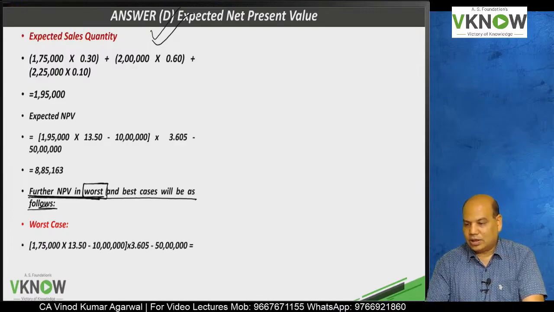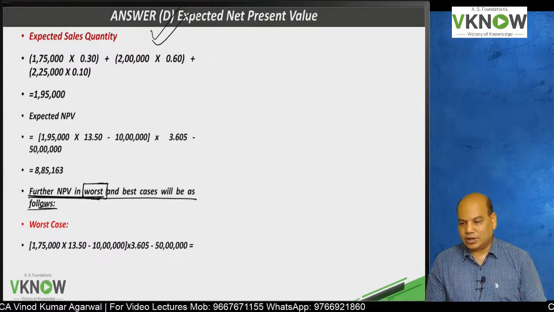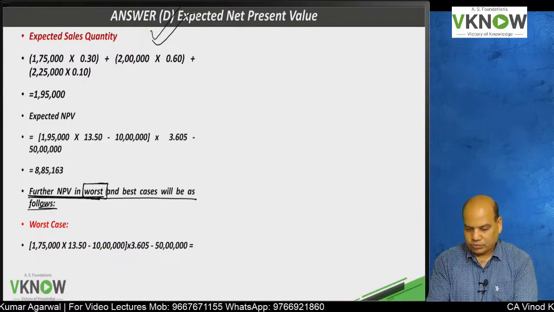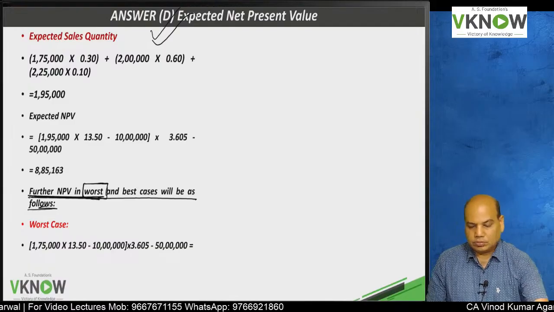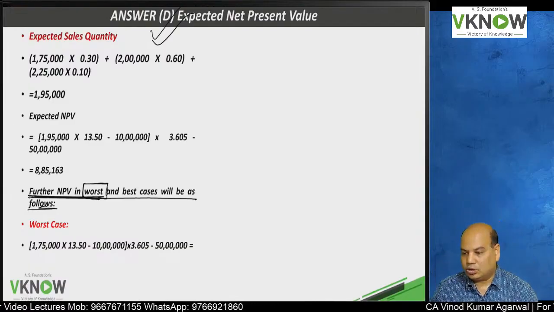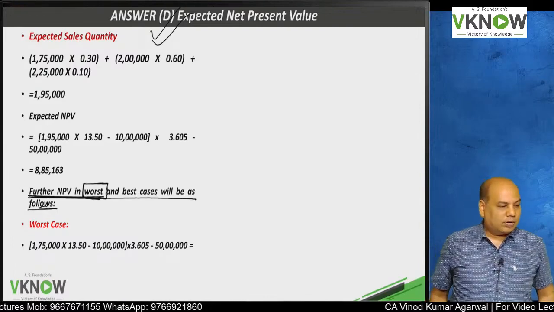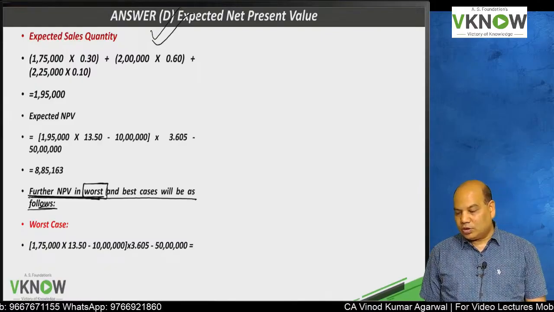So I will take now 1,75,000, the lowest sales quantity, into 13.50 minus 10 lakh, which is fixed cost, into 3.605, which is PV factor, minus initial investment 50 lakh. Please solve.